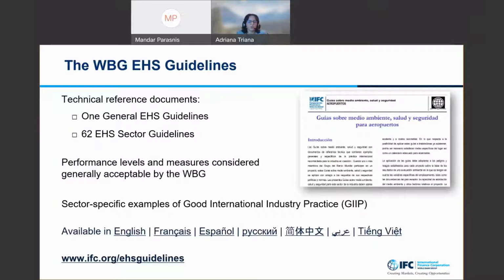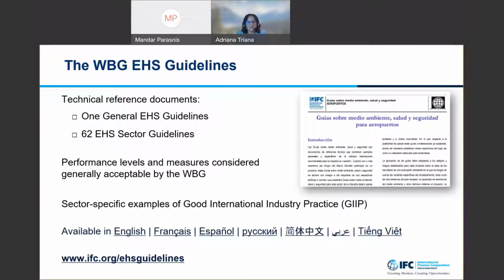The World Bank Group Environmental Health and Safety Guidelines are technical reference documents that provide performance levels and measures that are usually acceptable for the World Bank Group and are considered good international industry practices. Currently, the World Bank Group has 63 EHS guidelines, one general EHS guideline that usually is applicable to most projects, and then 62 sector guidelines.